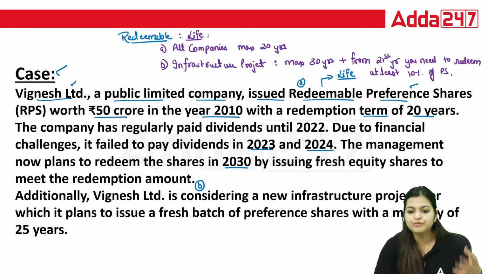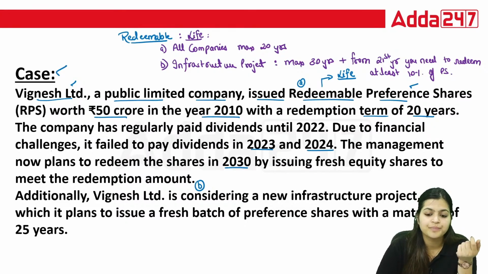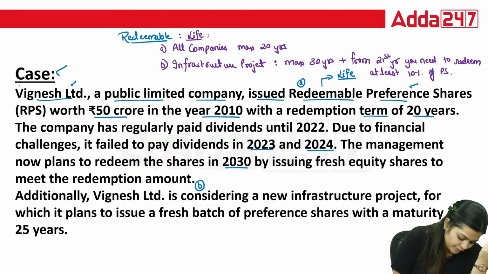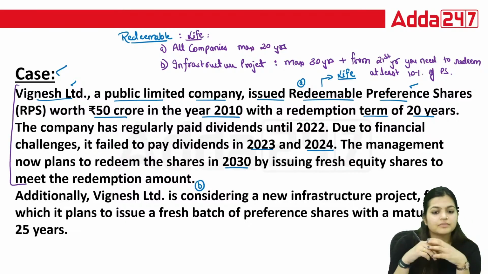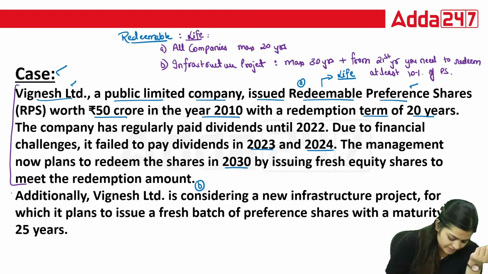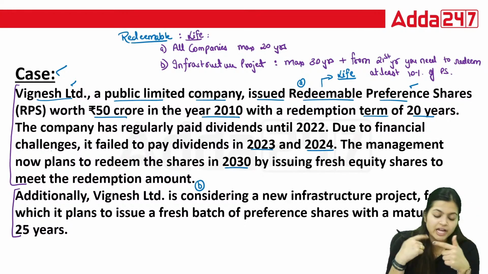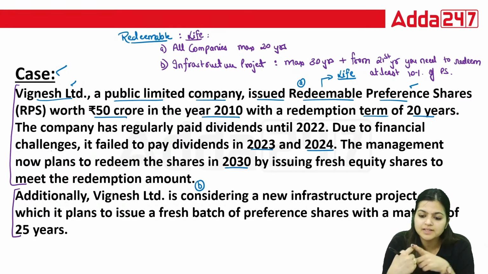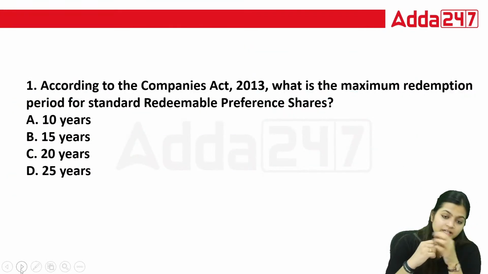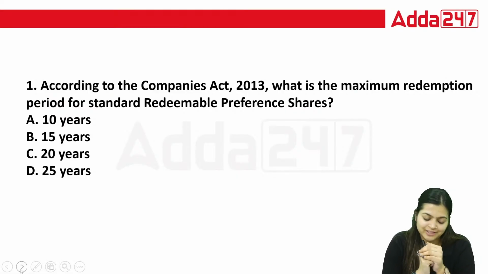That is the compliance that an infrastructure project company needs to follow. So in this first paragraph, they're talking about a normal project, but in the second paragraph, they're talking about an infrastructure project. Now let's solve the questions based on this case.